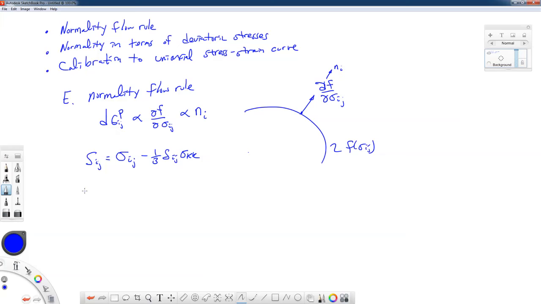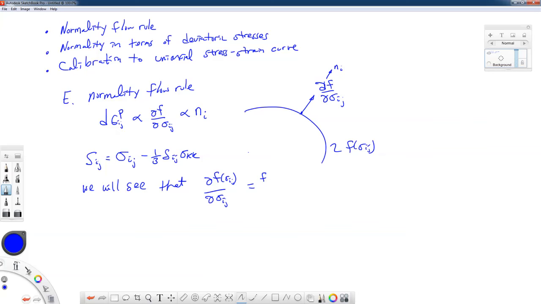Alright, so let's just say here we will see that the partial of the yield function in terms of sigma ij, or this is a function of sigma ij, is the same, or it leads to the same unit normal.